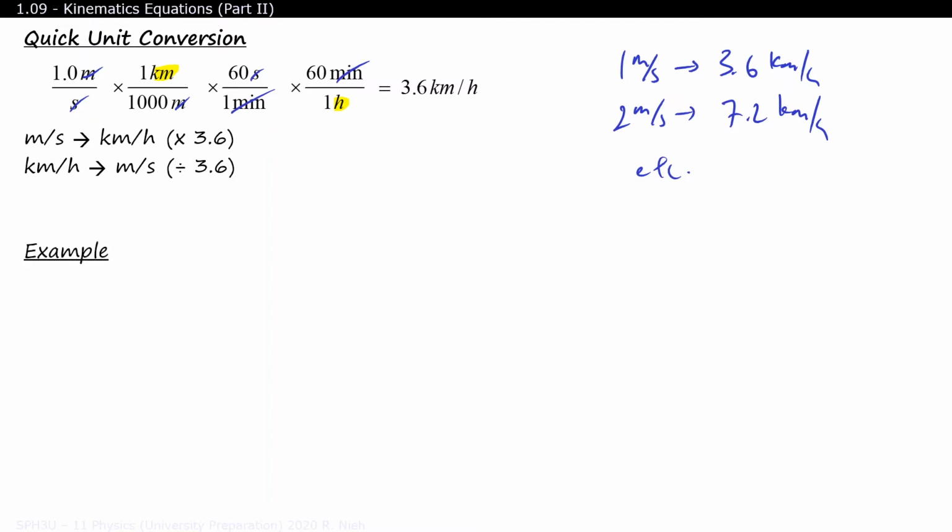Here's an example of how you can incorporate the shortcut into your homework. Say in your givens, Vi is equal to 2 meters per second. If you need to convert it into kilometers per hour, then write down times 3.6, and on the next equal line, write down equals 7.2 kilometers per hour.